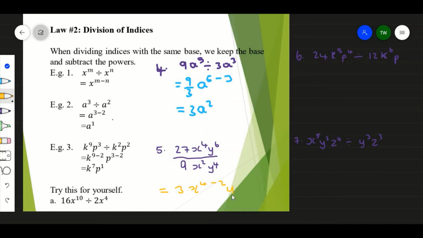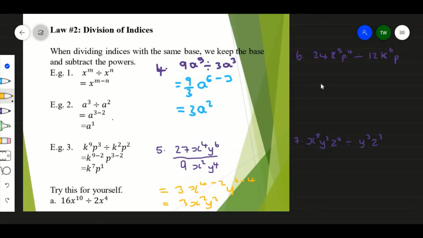It's going to be y to the 6th power minus the 4th power, which gives us a final answer of 3x, and 4 minus 2, that's going to leave us with 2, and keep our y, and 6 minus 4, that's going to leave us with 2. So our final answer is 3x squared y squared.